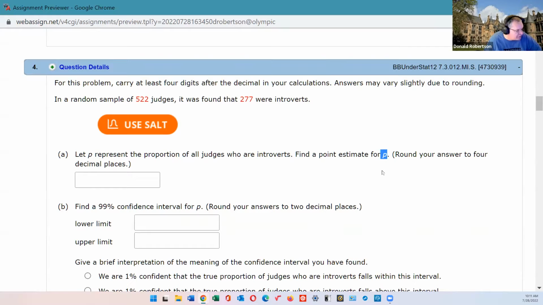That just means find P hat. So it would be 277 out of 522, and since the clue is to 4 decimal places, I'm going to write that in my calculator as 277 divided by 522.